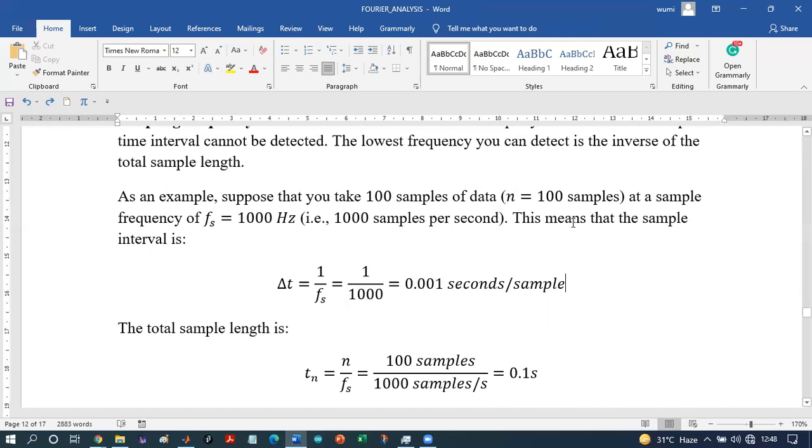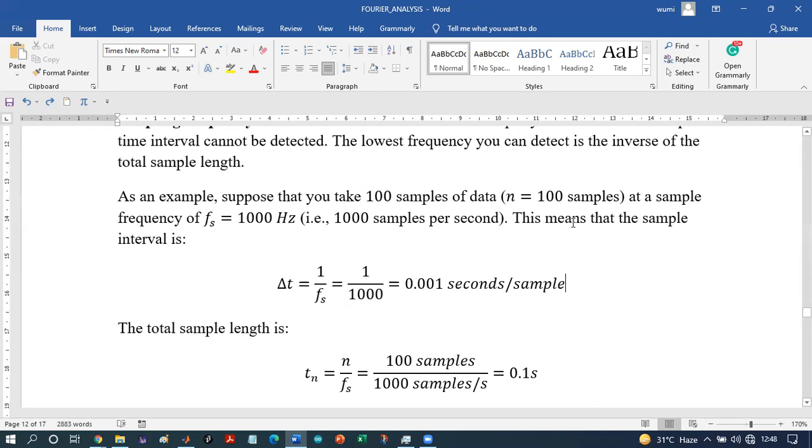So if n is equal to 100, it simply means that you have 100 samples. Then the sampling frequency is given by 1000 Hz. So we want to get some information about the signal.